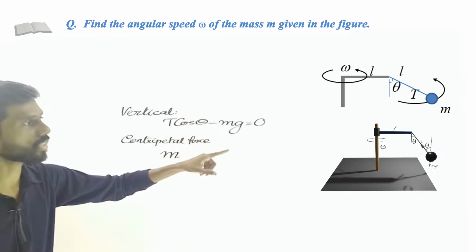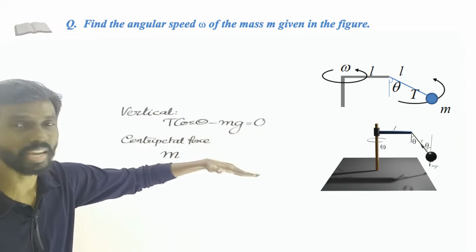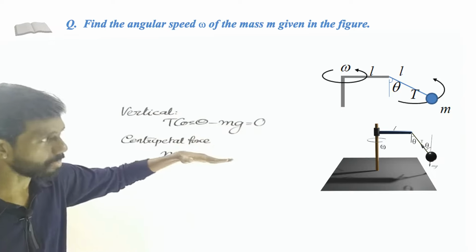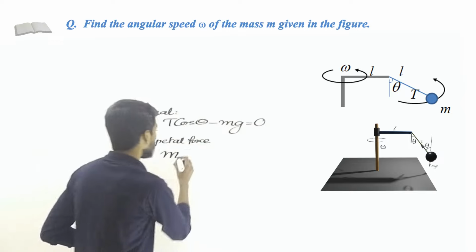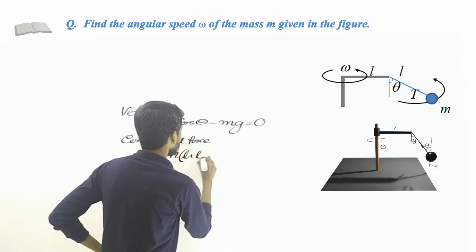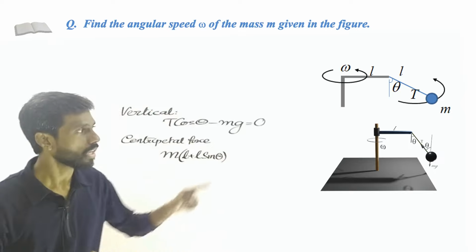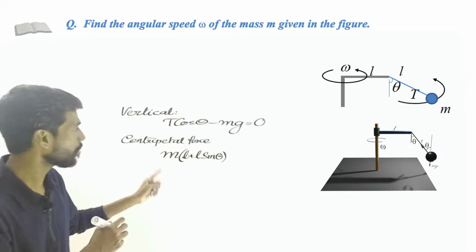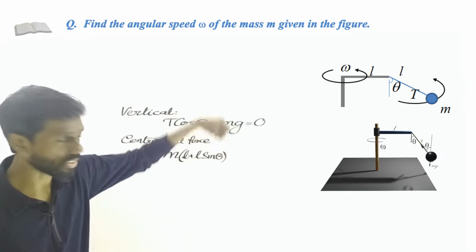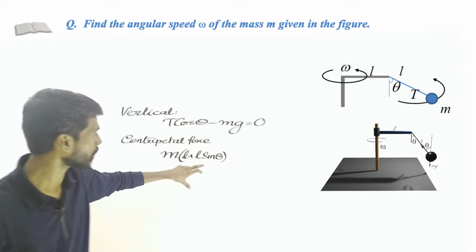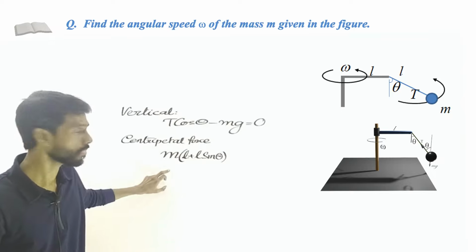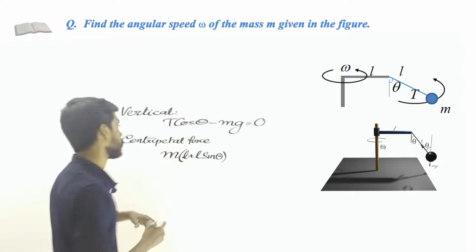So that angle is theta. That means the opposite side is L sin theta, right? L plus L sin theta, that is the total radius. The object is at a distance L plus L sin theta from the axis of that circular path, right? So m r omega square.